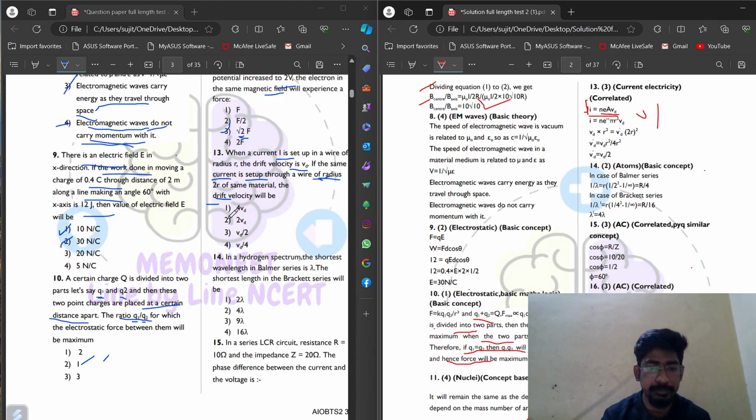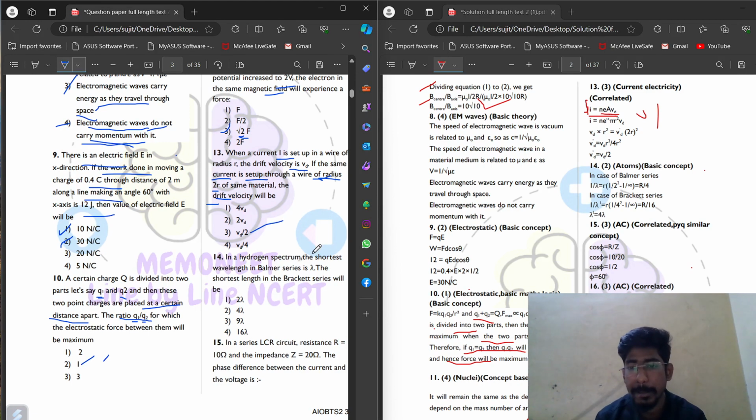Since v is inversely proportional to the square of the radius, it will be reduced by the square of 2, that means 2 square, which is 4. So that is the answer here.